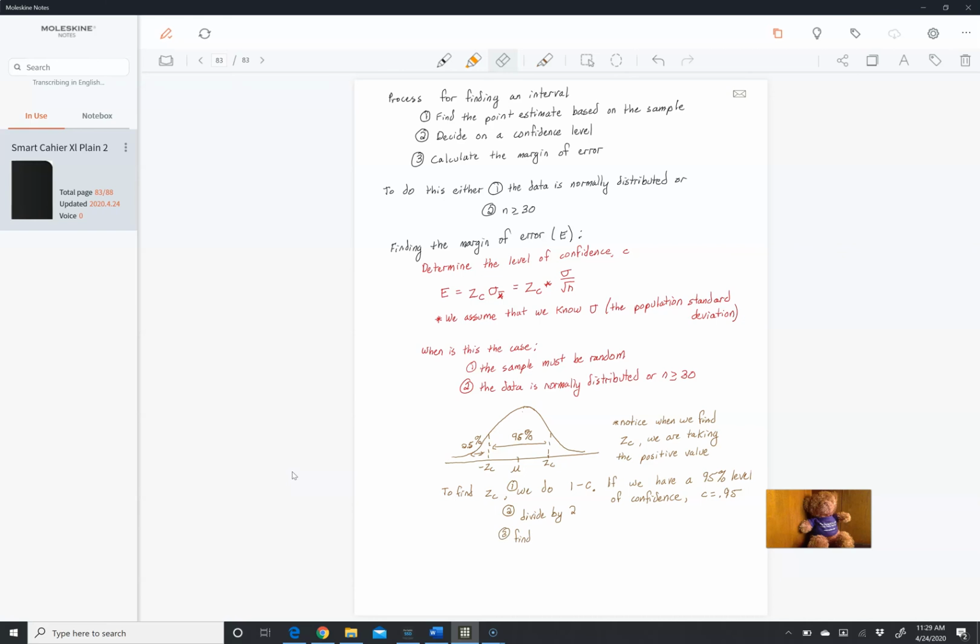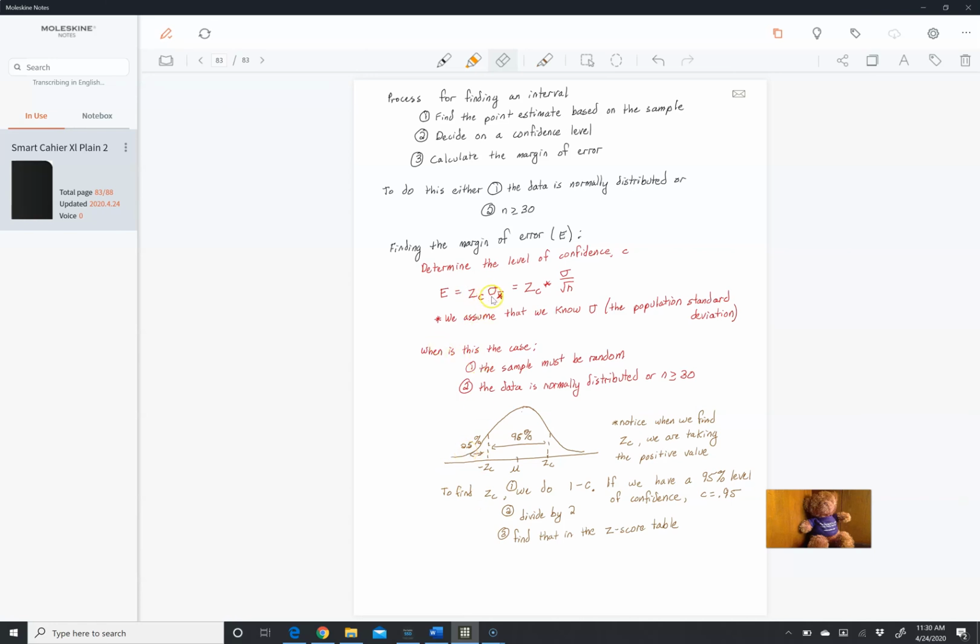Then we find that in the z-score table. Once we find that in the z-score table, we have Z sub C.